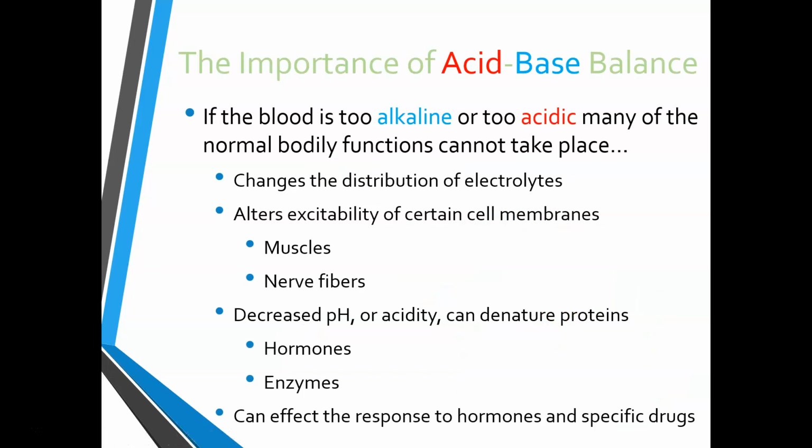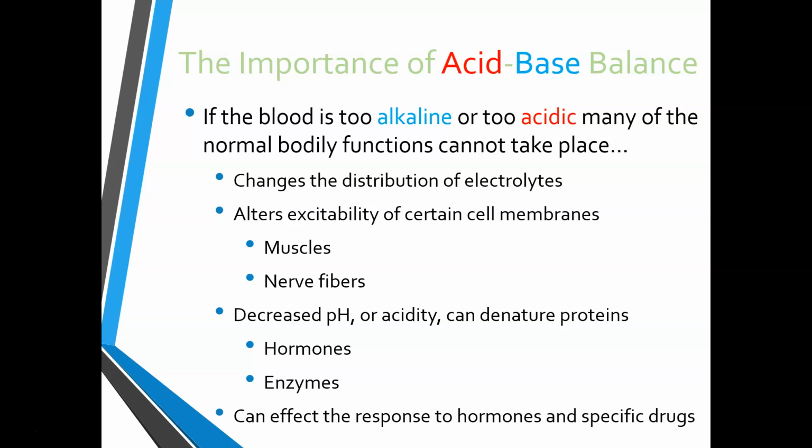So remember, when you are looking at anything in a patient's body, any concept, in the end we are attempting to get our patients back to some level of homeostasis. So we're going to talk about acid-base and if blood is too alkaline or too acidic, a lot of the normal bodily functions cannot take place.